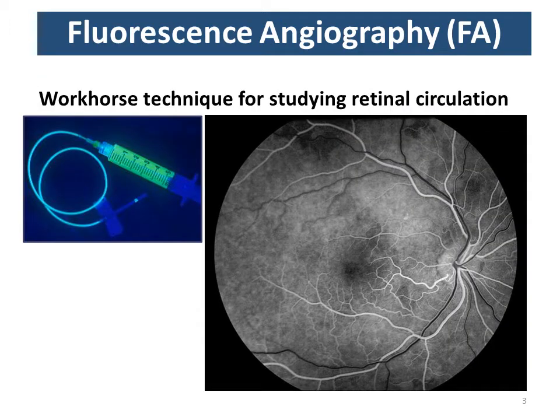So fluorescence angiography, now I know there's a lot of people here probably incredibly familiar with fluorescence angiography. It's a workhorse tool for studying the retinal circulation, and it involves intravenous injection of fluorescent dye into a subject's vein, obviously, and an ophthalmologist can look at this fluorescent dye circulate around the retina, first through arteries, then go into the smaller vessels, flush through the capillaries, and then go into veins.